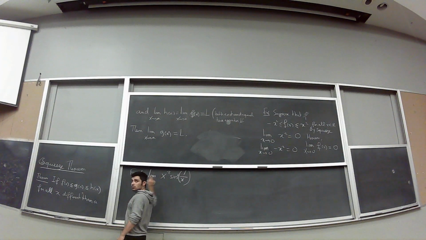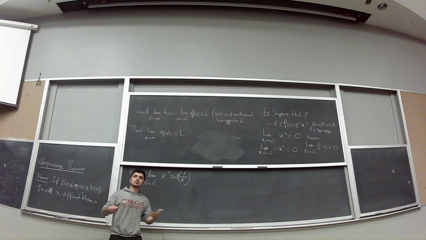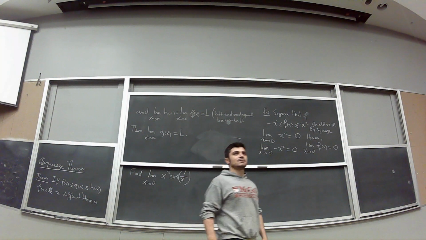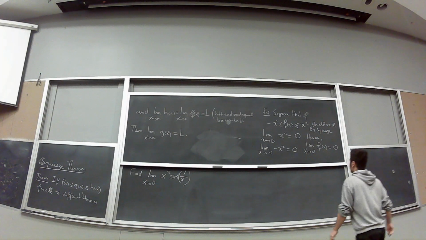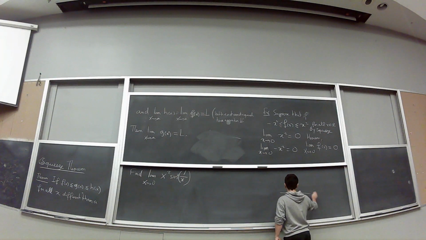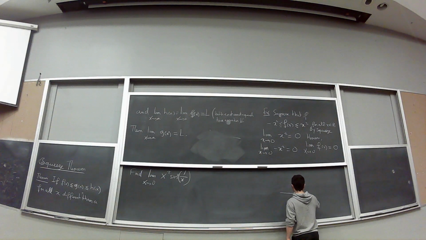Technically, x squared will go to 0, right? The limit as x goes to 0 of x squared is 0. And the limit as x approaches 0 of sine squared 1 over x, what is that? Can you determine this? Not really. It's a bit difficult to determine because it doesn't exist, in fact. Sine 1 over x keeps oscillating between -1 and 1.